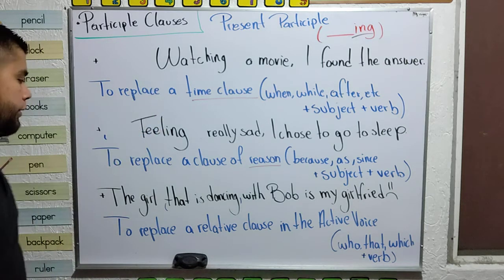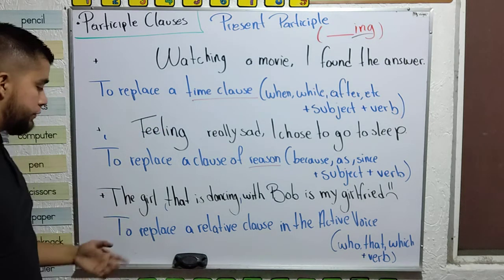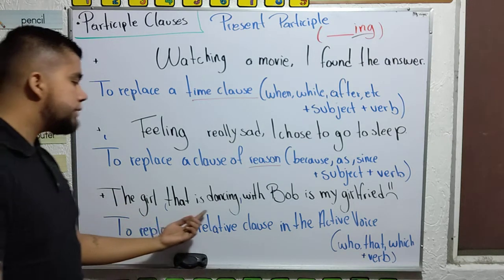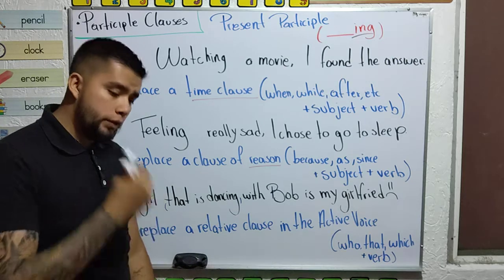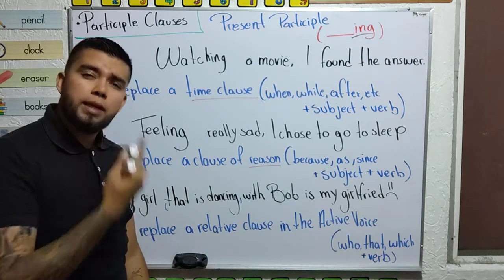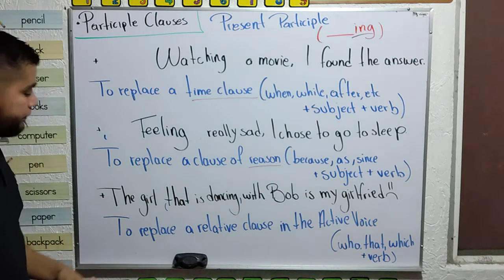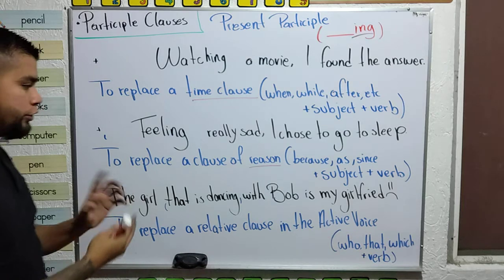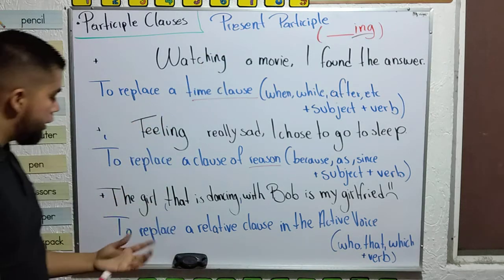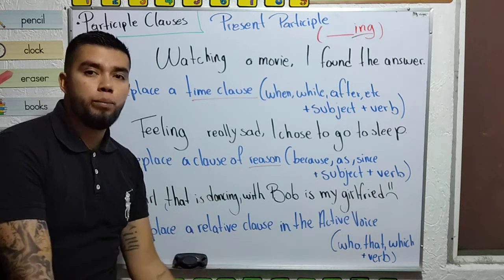And the third form. In this case, I have this example for you. The girl that is dancing with Bob is my girlfriend. That's so sad. Why, Bob? Why with my girlfriend? So in this case, we are going to use the present participle to replace a relative clause in the active voice.